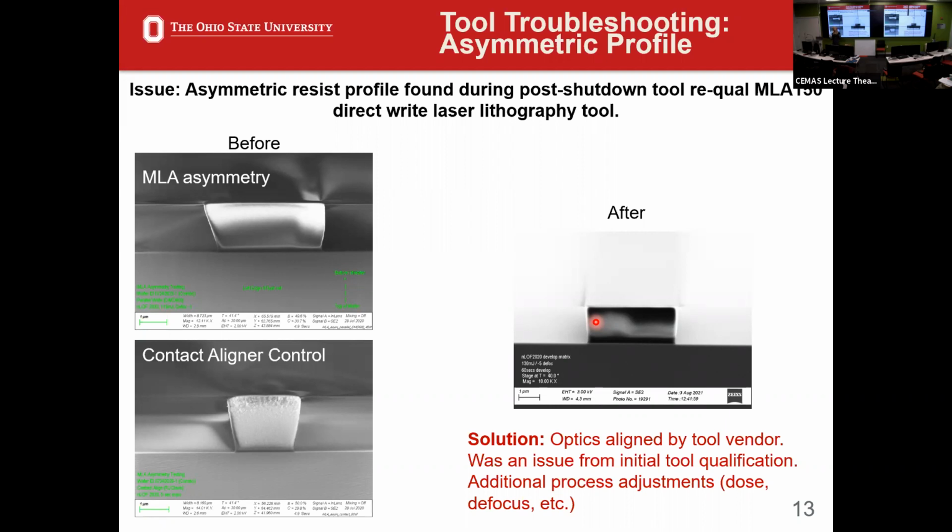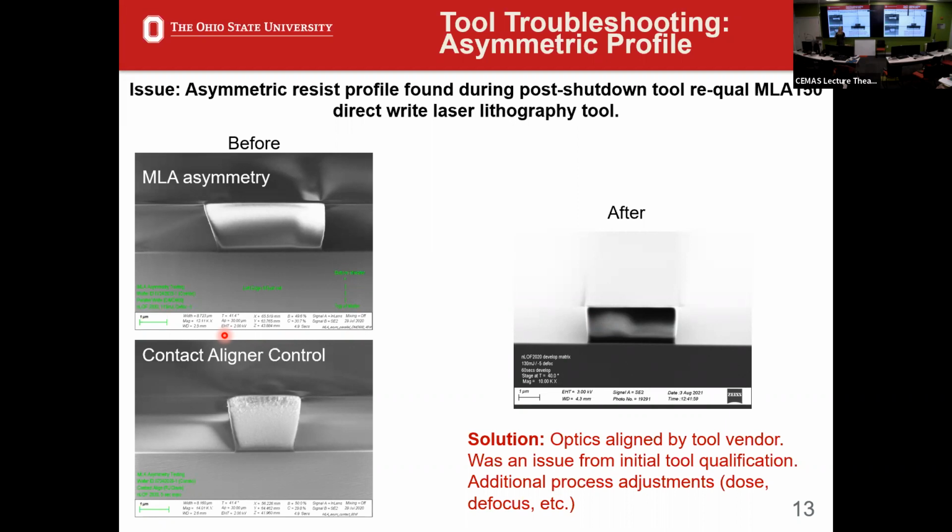So because we're kind of talking about troubleshooting, what do we actually do with that? Well, maybe there's something going on with the resist, or maybe with some of the temperature baking that we do to process the photoresist. So we have a different exposure tool. We use that. So that's what you see on the bottom. Well, that one doesn't have an asymmetry. So sure enough, it was the tool. And what you can see on the right is not the best negative profile, but is the result of basically we had to bring the vendor back in.